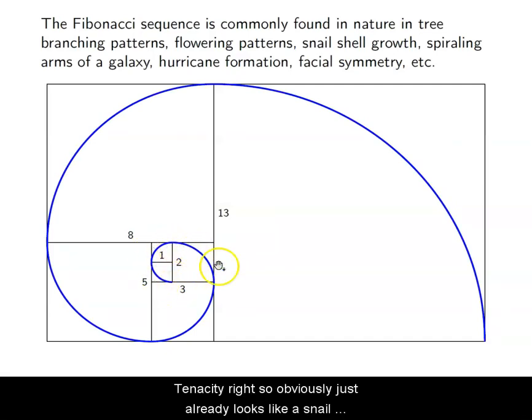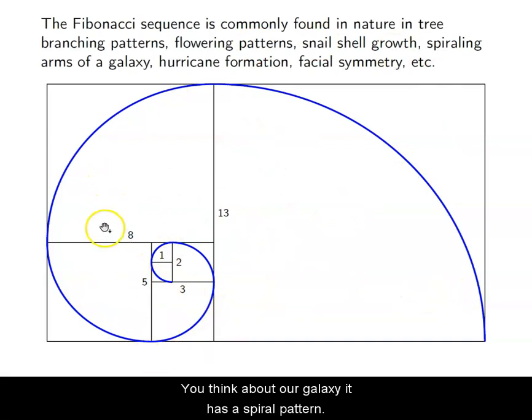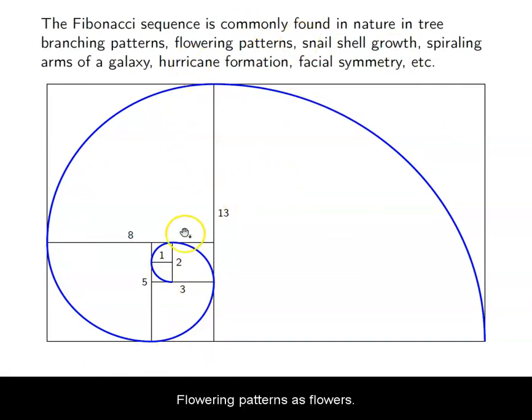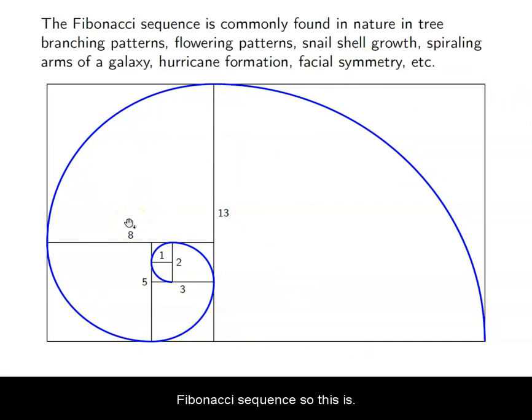So obviously this already looks like a snail shell or a nautilus shell. If you think about our galaxy, it has a spiral pattern, right? Flowering patterns, as flowers grow, they grow in a spiral fashion that follows the Fibonacci sequence. So this is kind of everywhere, right?